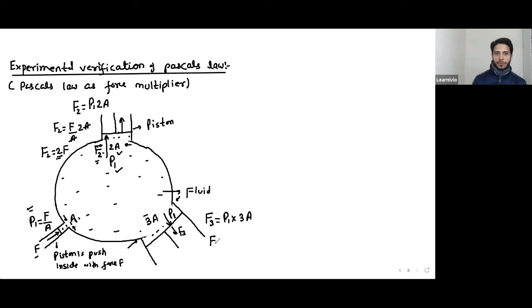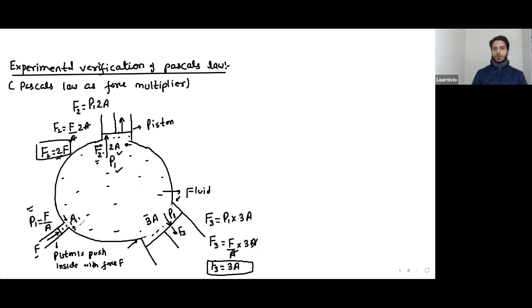So the force F3 will be pressure P1, and P1 is F by A. It's F by A multiplied by 3A. So this A will cancel this A, and you will get that your force F3 is exactly equal to 3F. So this is F2, which is equal to 2F, and this is equal to F.